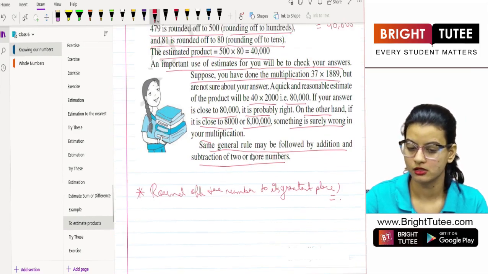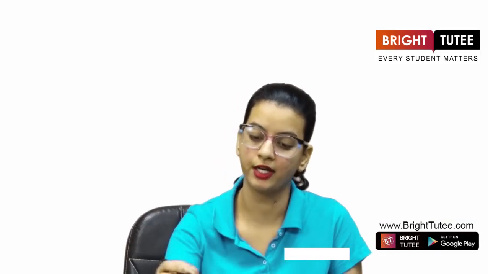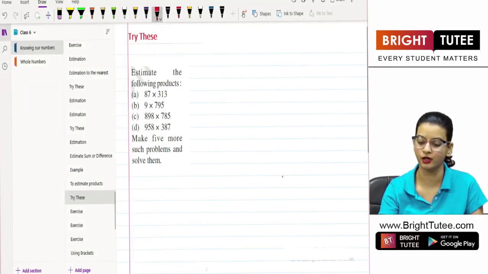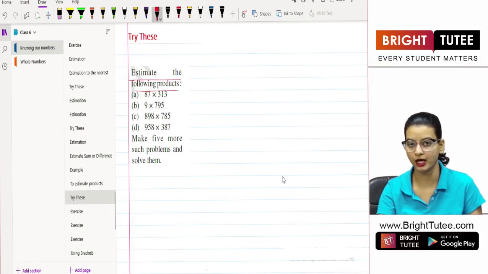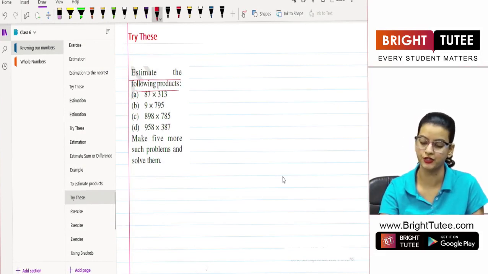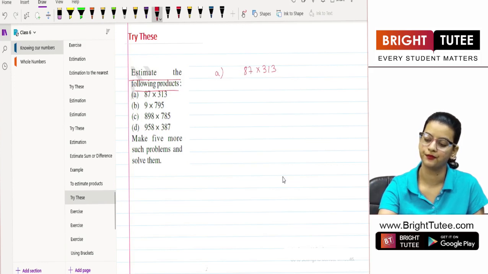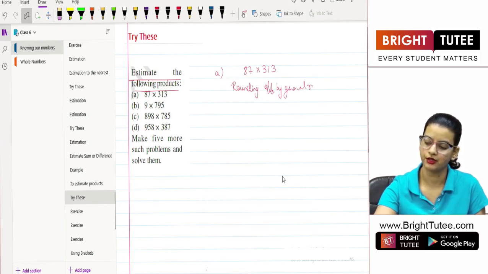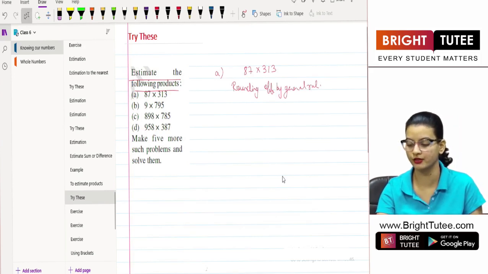Okay. So, now let's try out this question for more practice. We have to estimate the following products using the general rule of estimation. Okay, so we have to calculate 87 into 303. Let's round this off by the general rule.